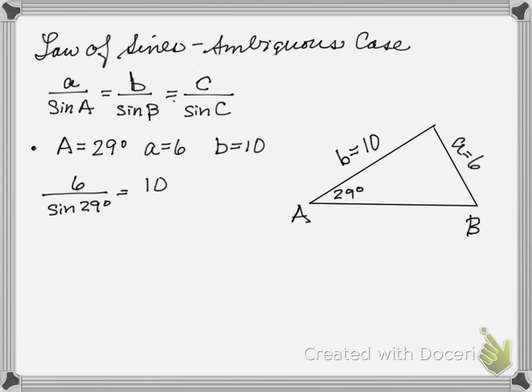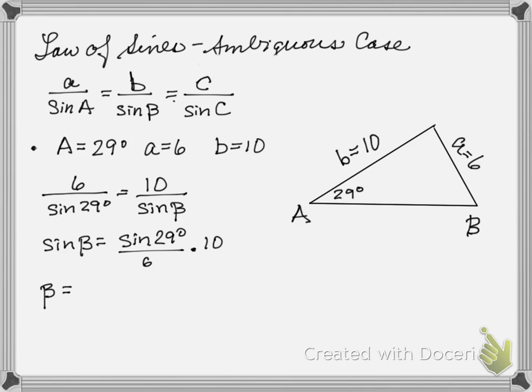I have a side of 10, and then I want to solve for sine B. Solving for sine B, and this is just some basic algebra that you should be able to do, I'm going to have sine 29 degrees over 6 times 10 when I solve for sine B. And then I say sine B is equal to, and let's do the calculation, evaluate what it is equal to: 0.808, and that's what sine B is equal to.